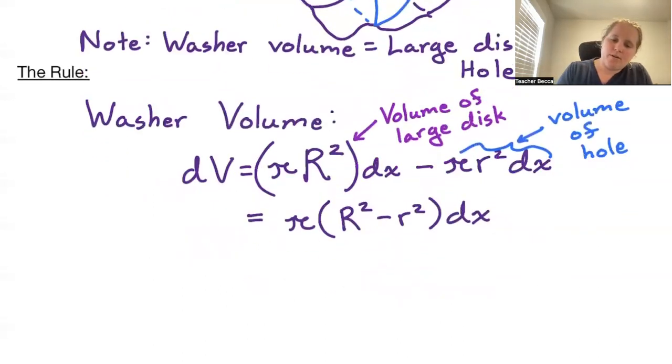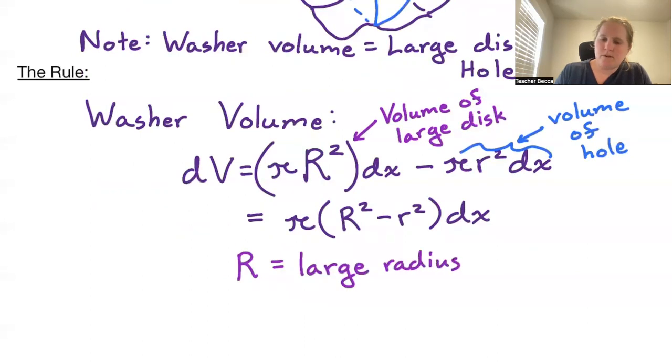Here, capital R is the large radius. Lowercase r is the radius of the hole, so the small radius.